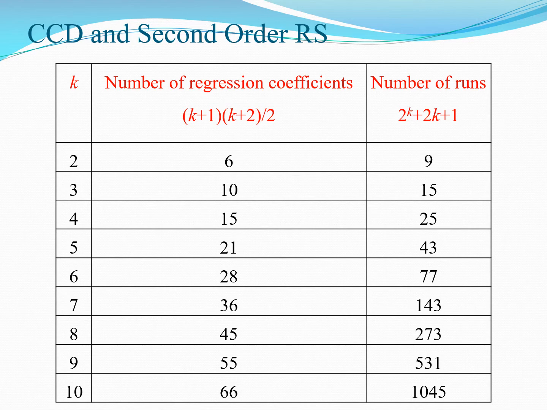You can clearly see that as the value of k goes up, the number of regression coefficients does go up, but the number of runs increases dramatically. For example, if you had 10 design variables, you would have 66 regression coefficients, but you have 1045 runs, which would be extremely large and would cause problems for most people.